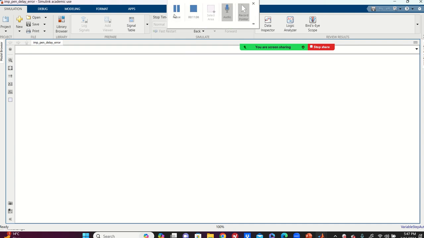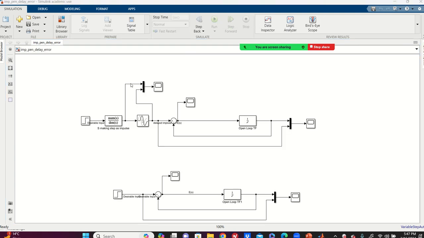Let me pause this. So you saw that remember we had no continuous time impulse. We differentiated the step input, that gives you what? Gives you an impulse. That's right. We plot it here, and then delay. And your friend said 3 seconds. I'm just running because I want to expand this Simulink file. Here we go.